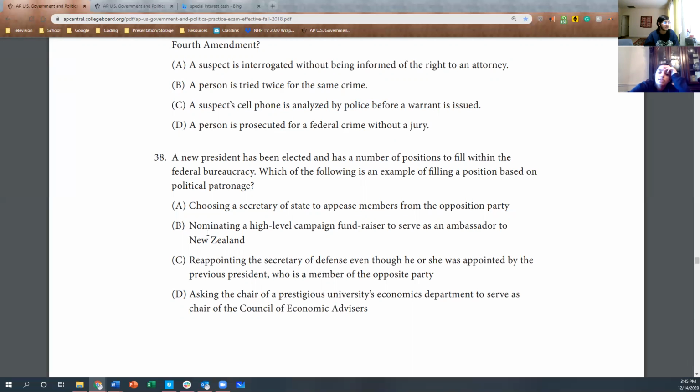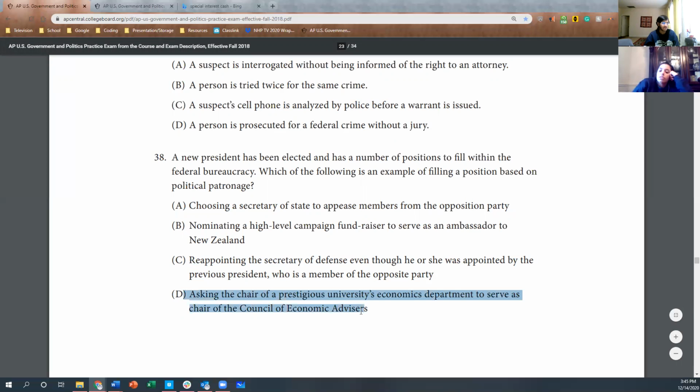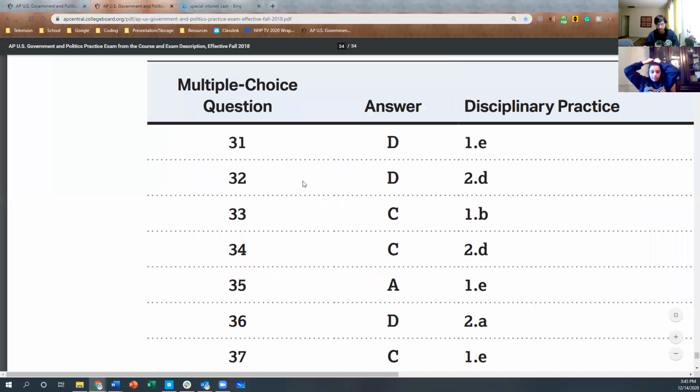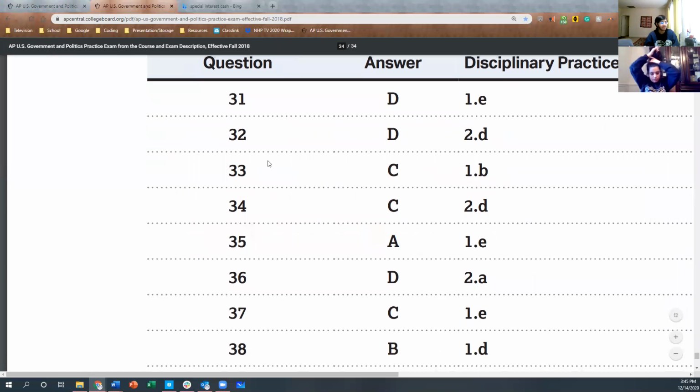Okay. I think it's B then, right? Yeah. This is looking beyond partisan politics, so it's not C. And this is using merit as a justification, so it's not D. So I would say it's B. Yep. Good.